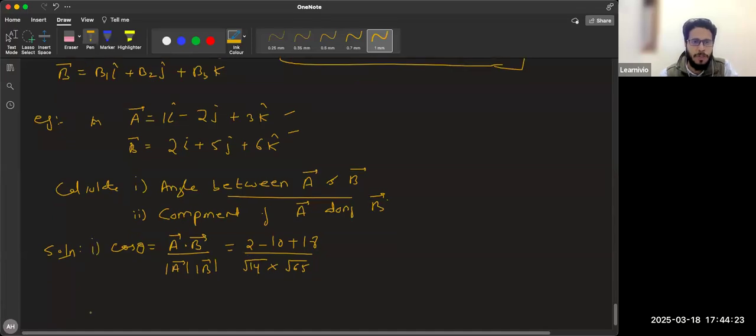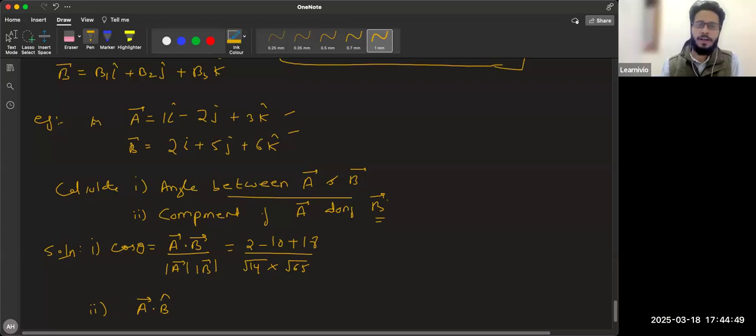Now, how will you calculate the component of vector A along B? What you will do is take vector A and take the dot product with the unit vector of B. Is A dot B cap a vector or a scalar quantity?